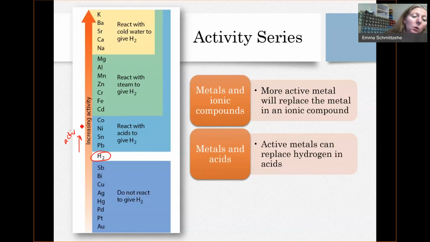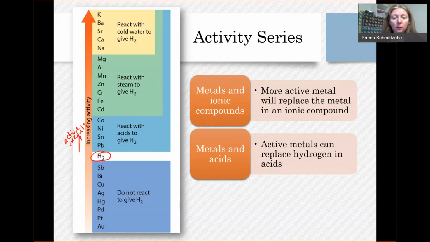All of those active metals, everything with a higher activity than hydrogen, will react with acids to form hydrogen gas, and whatever ionic compound results. So everything above that could react with an acid.